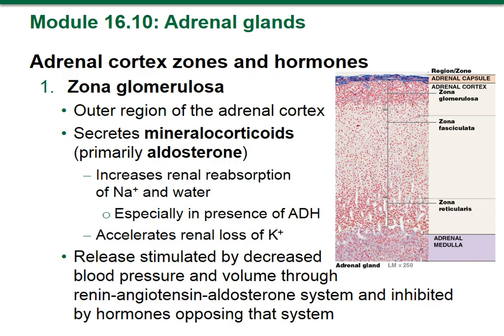So as you can imagine, if you have decreased blood pressure, then your body is going to want to reabsorb more water. And one way it does it is by not losing as much sodium. So you retain more sodium, so you retain more water. And that increases your blood pressure. We'll come back to that.